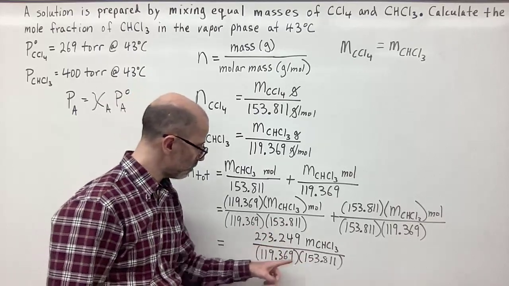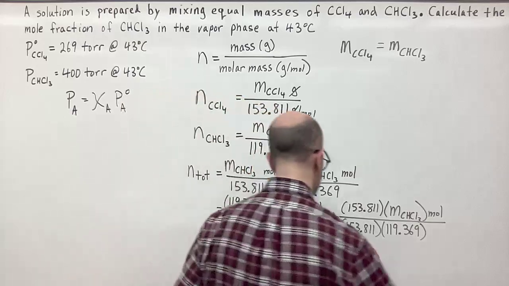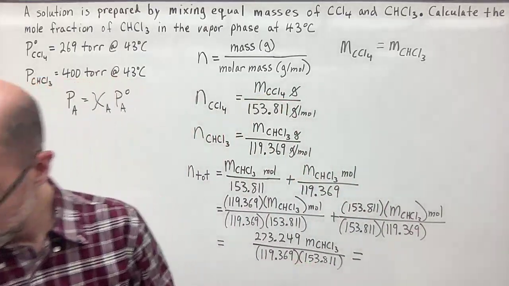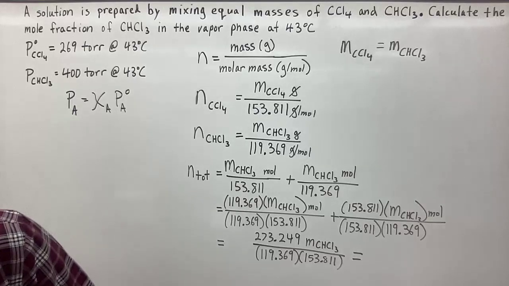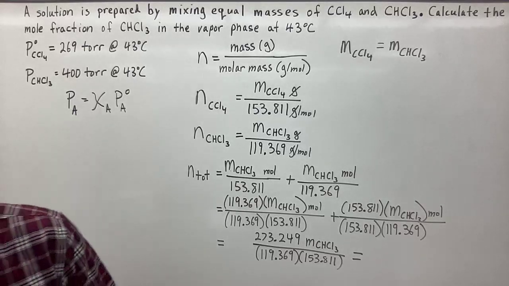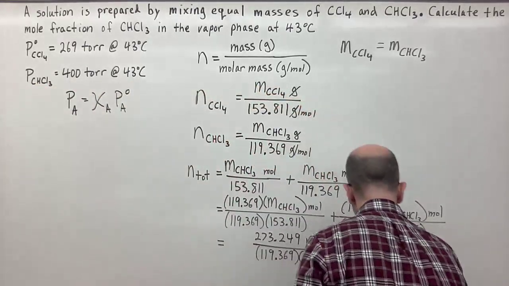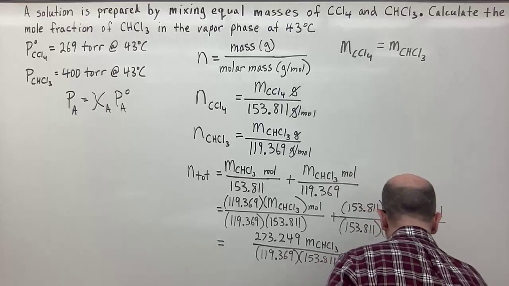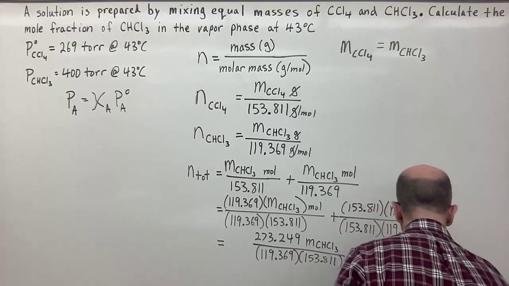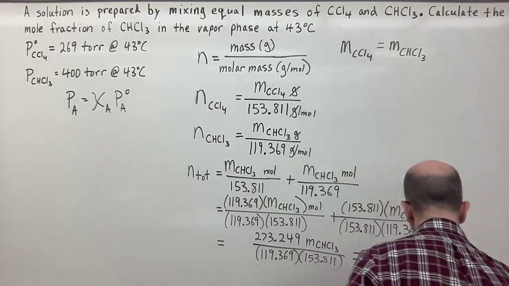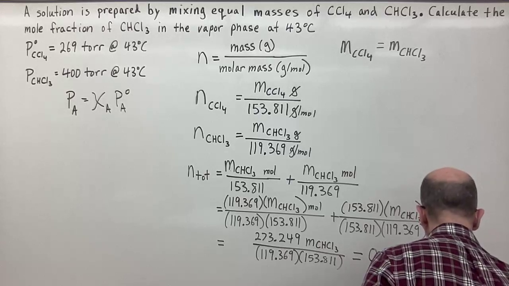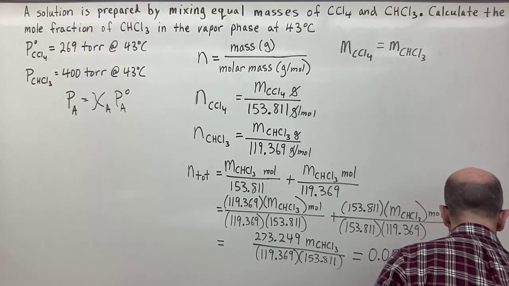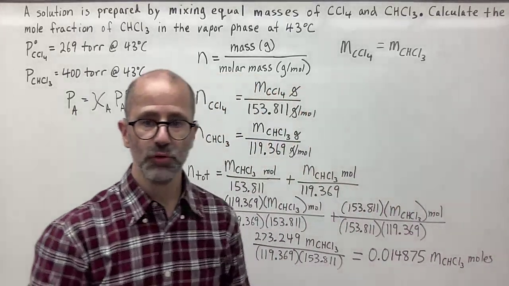So this divided by both of those, and then I get, for my final answer, 0.014875 times the mass of CHCl3, and that's going to be in moles.